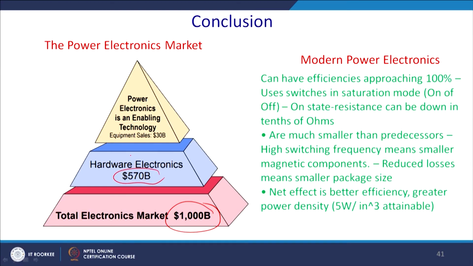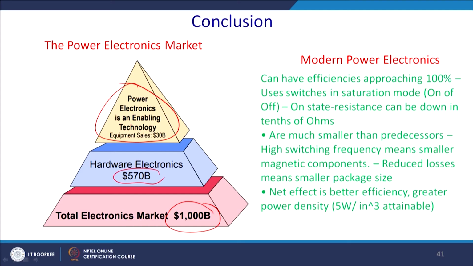The total electronics market is about 1000 billion, which is quite a huge chunk of money, and hardware electronics is about 570 billion. Unfortunately you can see that power electronics has a very low component of it, and we expect a huge catch up on this portion.